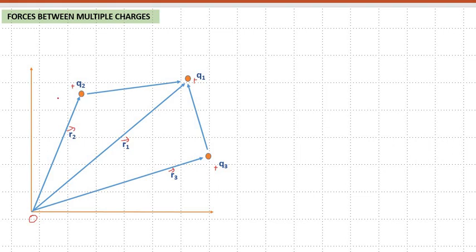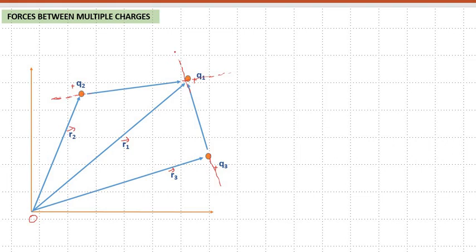Since this is the line joining Q2 and Q1, and we know that Coulomb's law is a central force which acts along the line joining their centers. So this is the line joining Q1 and Q3. Now I am supposed to investigate the forces acting on Q1. Since all the charges are positive, Q2 and Q3 are going to apply repulsive force on Q1.